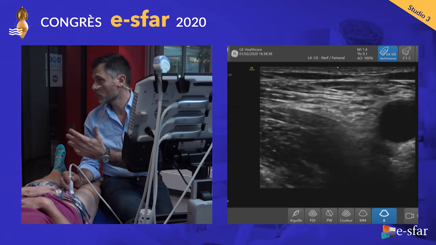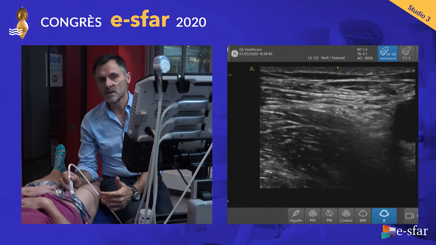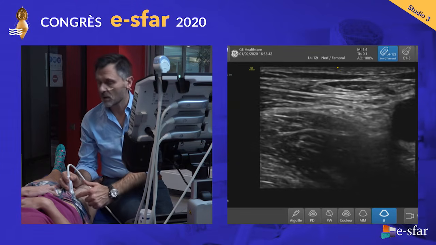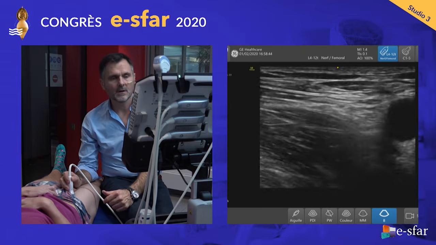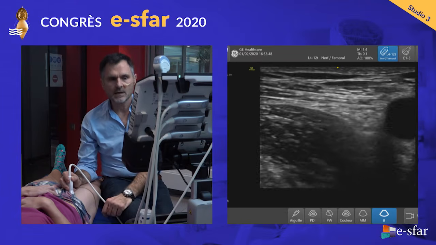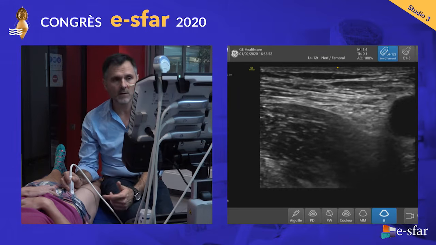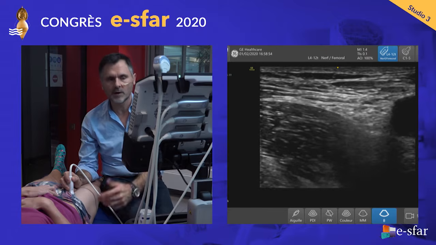There are different approaches to the femoral nerve. Of course, we can do an in-plane approach with a lateral to medial approach. We can have an out-of-plane approach, especially when we want to place a catheter.